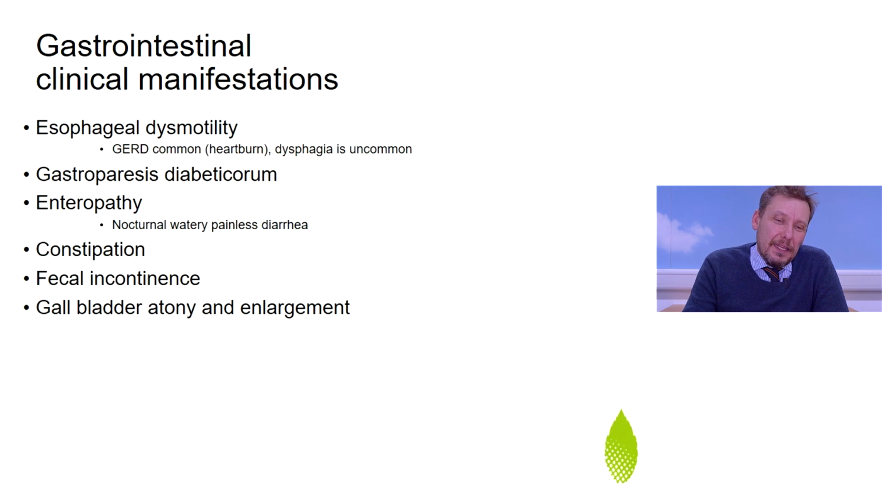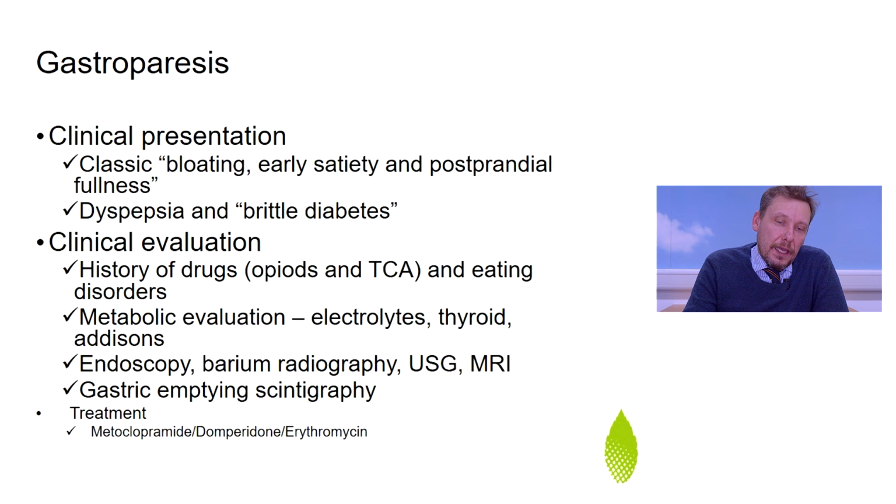This clearly is a major issue for somebody with diabetes, particularly someone taking insulin, who has to be absolutely sure that the intake they are consuming is going to be absorbed.